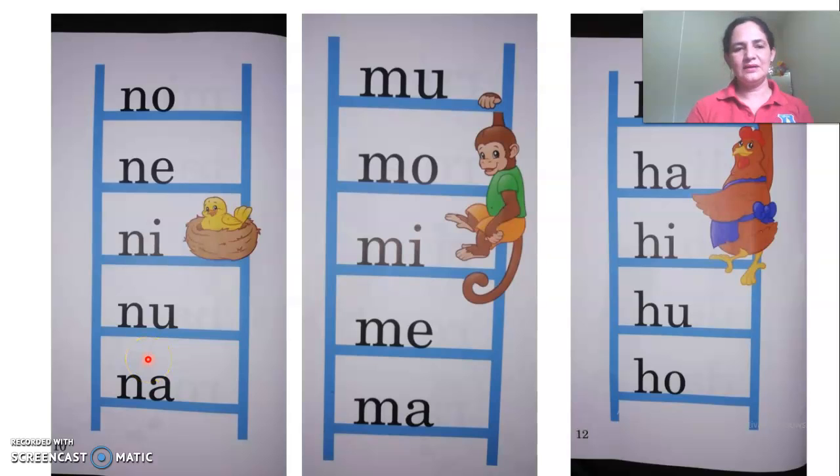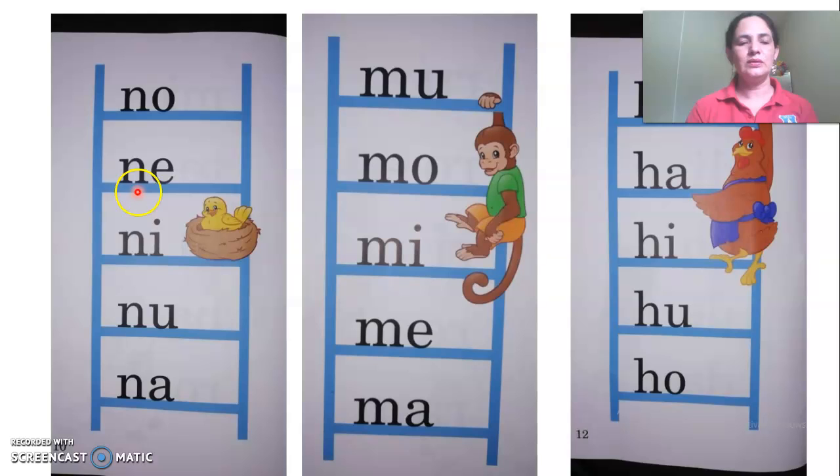Okay, let's continue with the letter N. The letter N has a sound. The sound of the letter N is n. One more time. N. Okay, listen. N. Oh, no. Okay, let's read the blends.